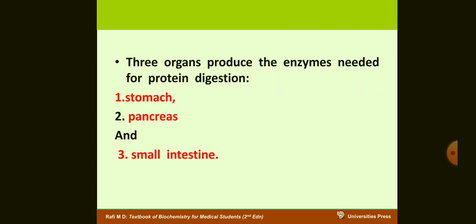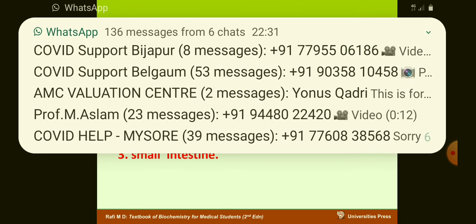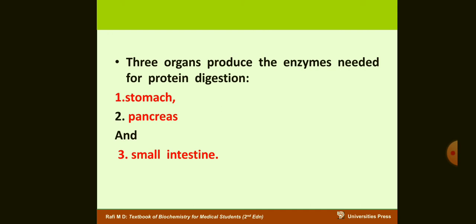Now we will go towards the digestion process of protein. There are three organs which produce the enzymes needed for protein digestion. Those three organs are the stomach, pancreas, and small intestine.